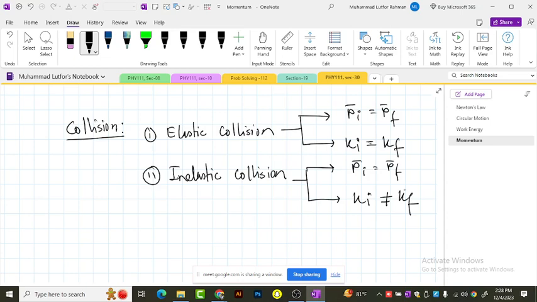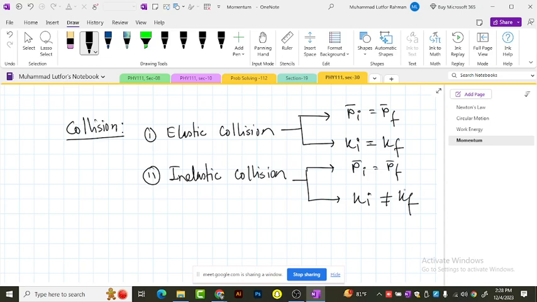Most of the cases in real life are inelastic collisions. When a collision or accident occurs on the road, we can hear sound energy, right? That energy is lost from the system, and you cannot reverse it back into the system. It could be lost as heat energy or as sound energy.